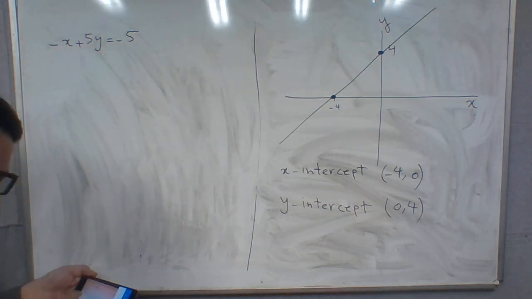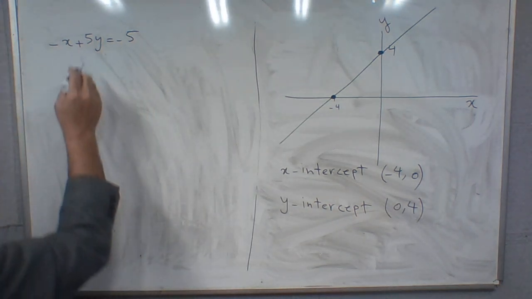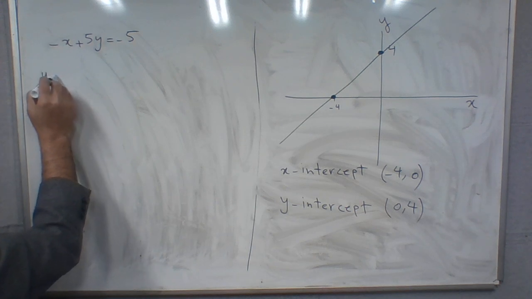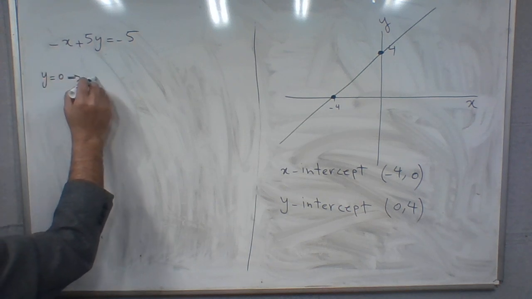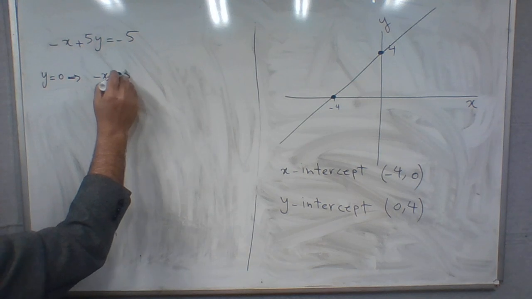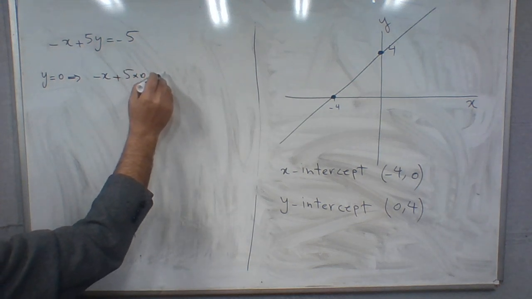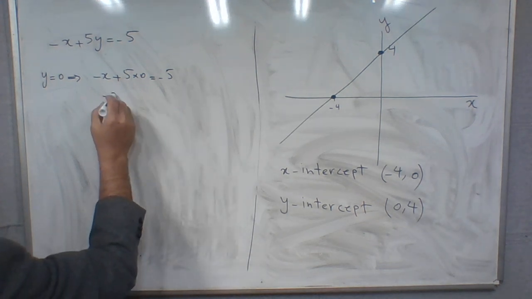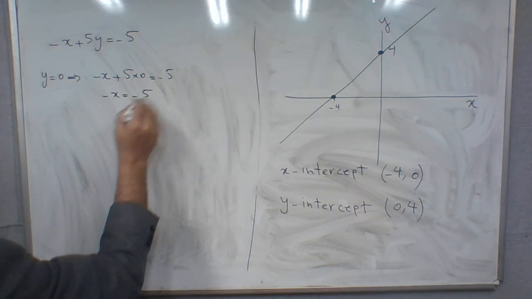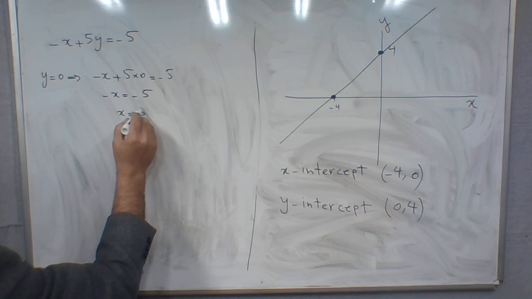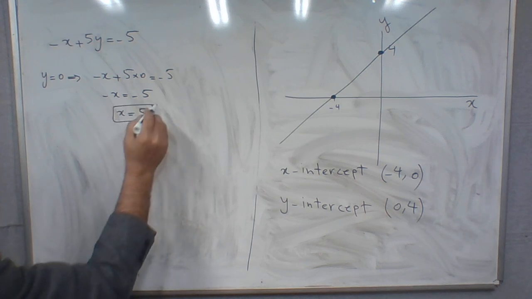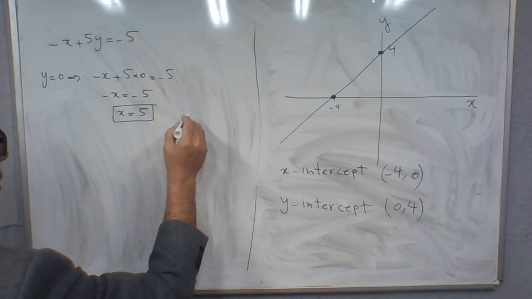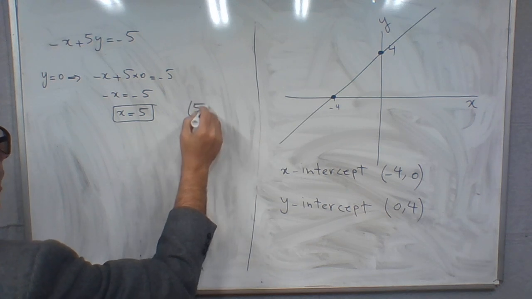So in order to find the x-intercept, we put y equals 0. Then negative x plus 5 times 0 equals negative 5. So negative x equals negative 5, so x equals 5. So the x-intercept is 5 and 0.